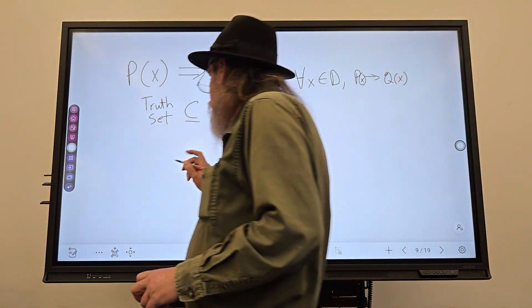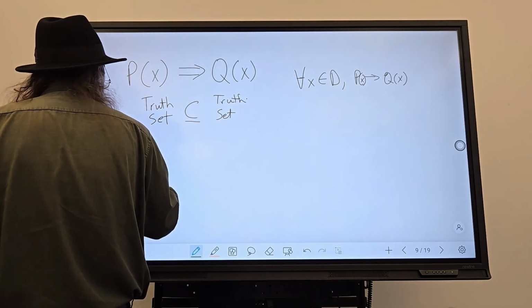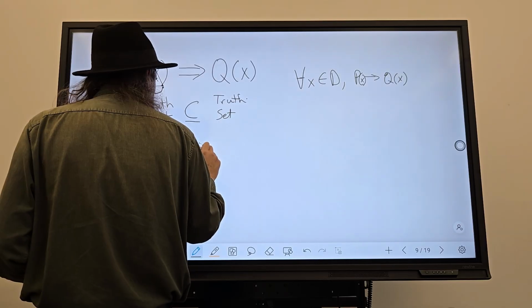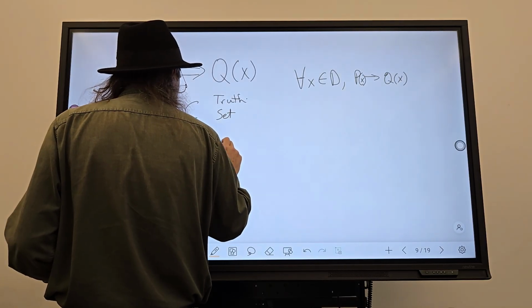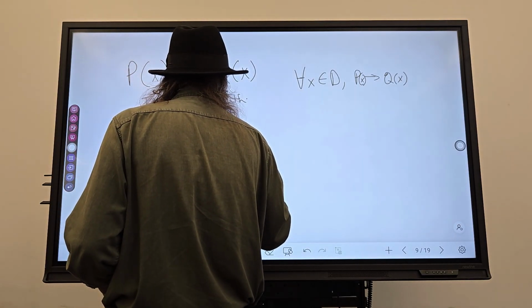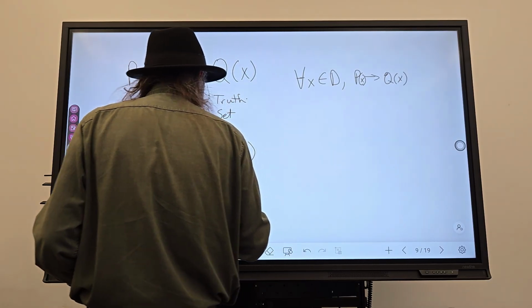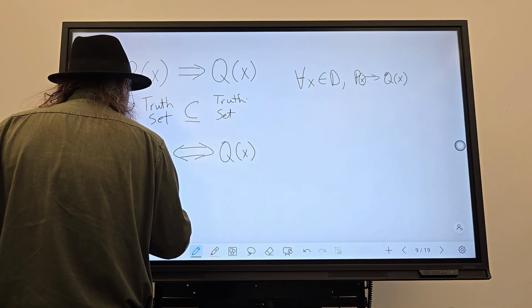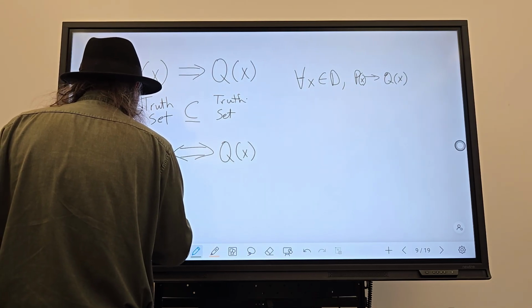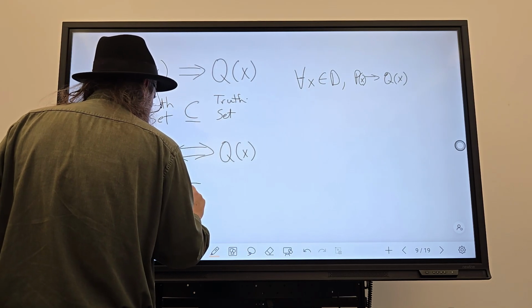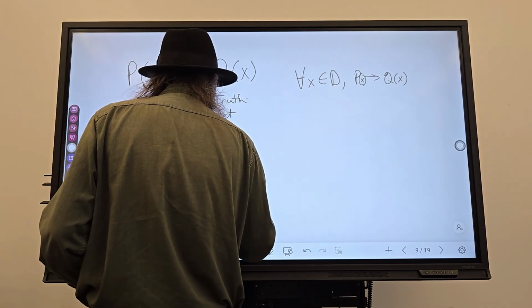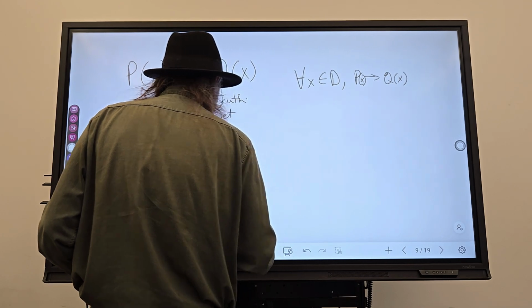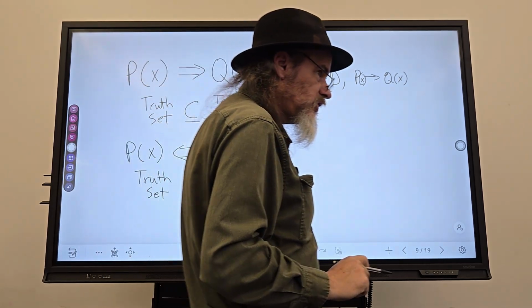Now the double arrow means the truth set of P of x is equal to the truth set of Q of x.